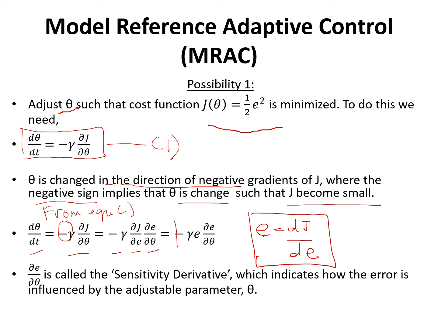So this will become negative mu error times d error over d theta. The d error over d theta is called the sensitivity derivative, which indicates how the error is influenced by the adjustable parameter theta.